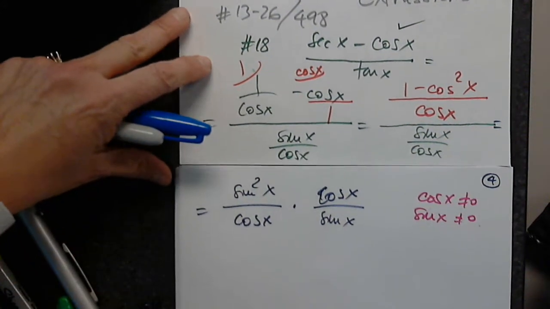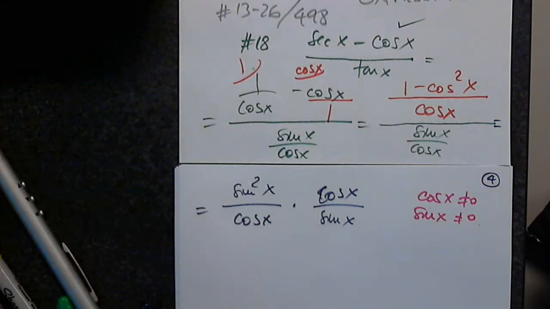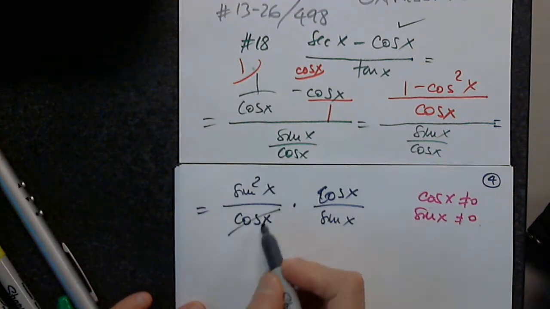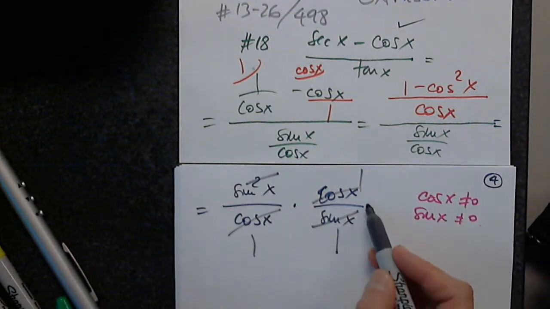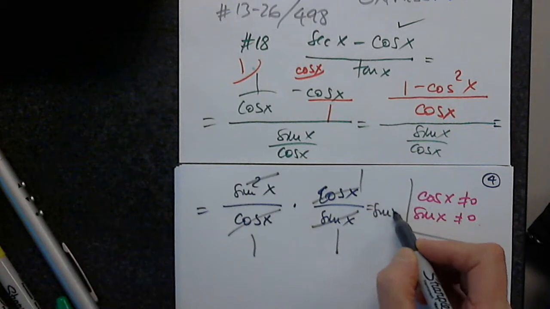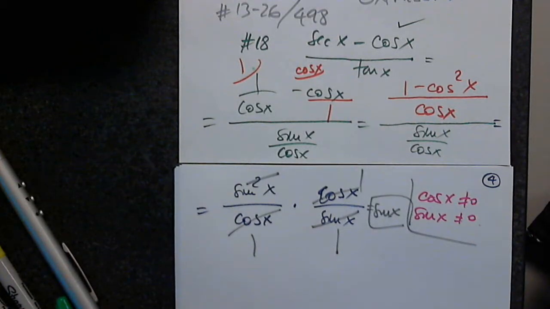So assuming that all conditions are fulfilled and the expressions exist, are not undefined, now I'm ready to simplify. And how do I simplify? Well, of course, cosine x with cosine x goes away, and one sine x with one sine x. And the simplified form is sine x. And I know that I can't go simpler than that. This is it.